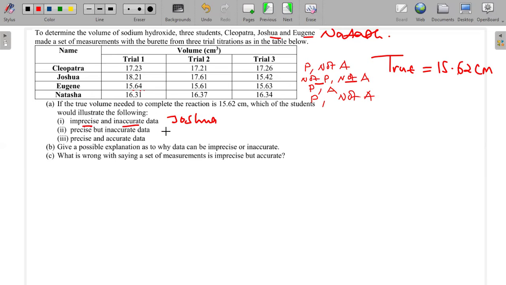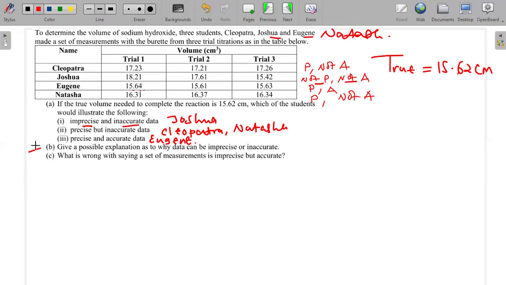We have Cleopatra, okay, and Natasha. All right, and then precise and accurate data is this guy, Eugene. Okay, so Eugene is very precise. So when you go to the lab, be a Eugene, right? Be very precise, be very accurate with whatever you'll be doing there.